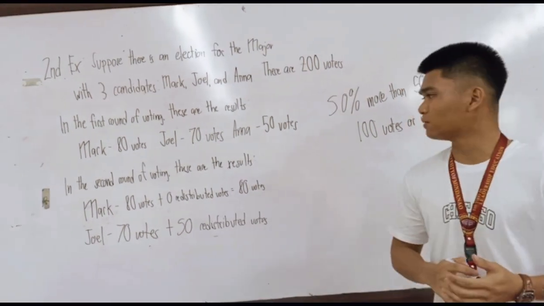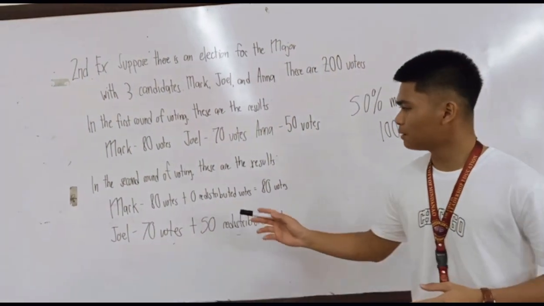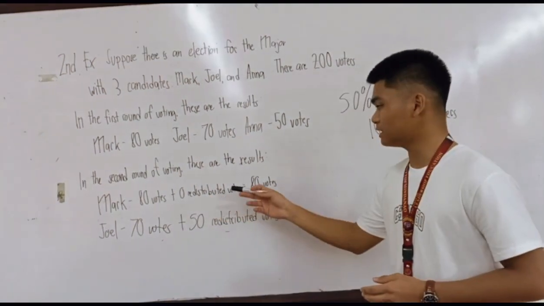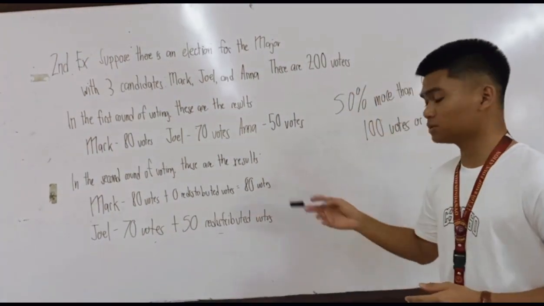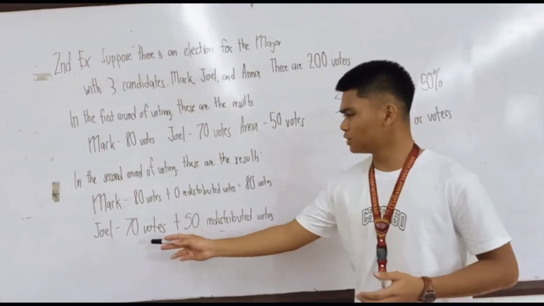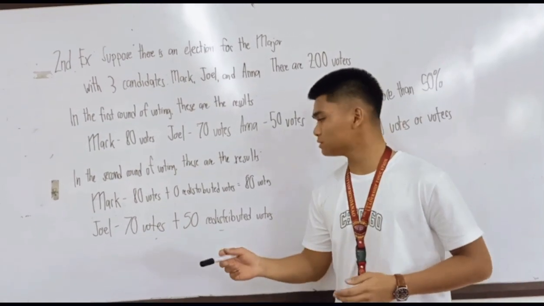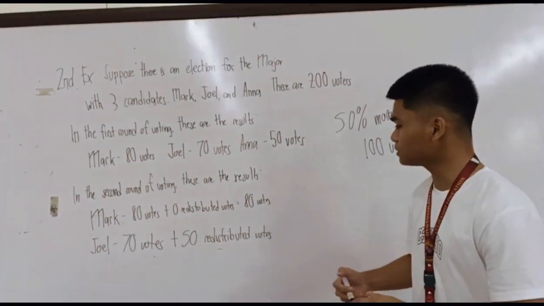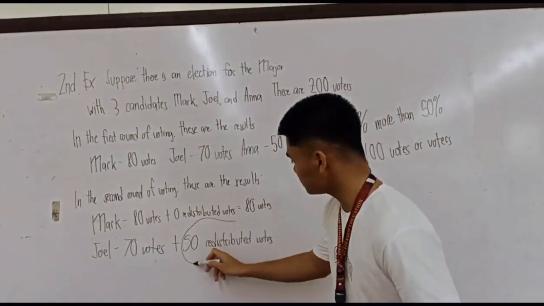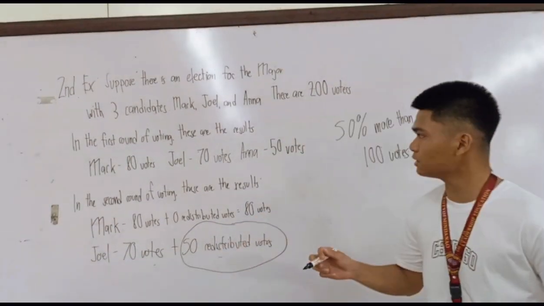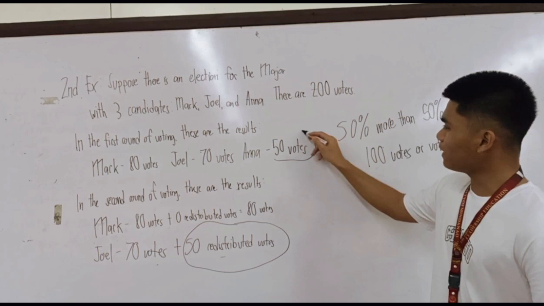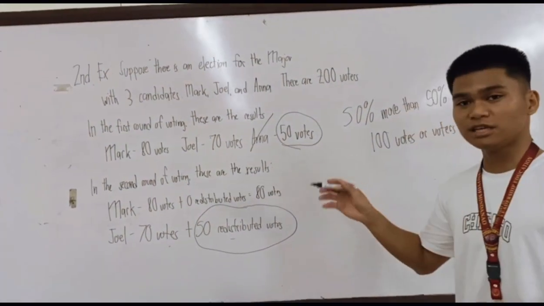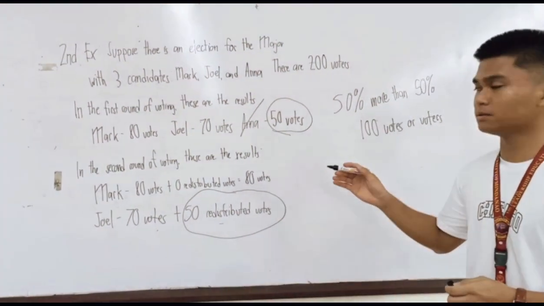So in the second round of voting, these are the results. Mark got 80 votes plus 0 redistributed votes, equal to 80 votes. Joel got 70 votes with the addition of 50 redistributed votes. And these 50 redistributed votes are the second choice of the voters of Anna, because Anna is eliminated, as she has the fewest amount of votes.